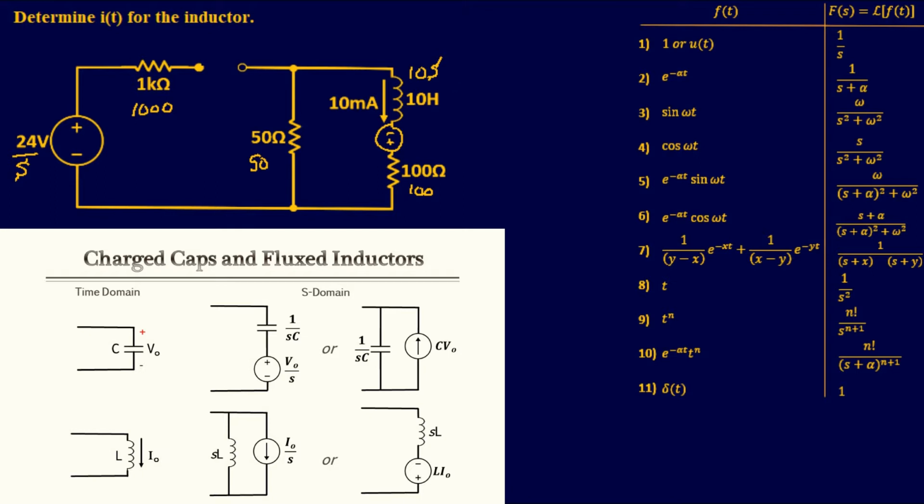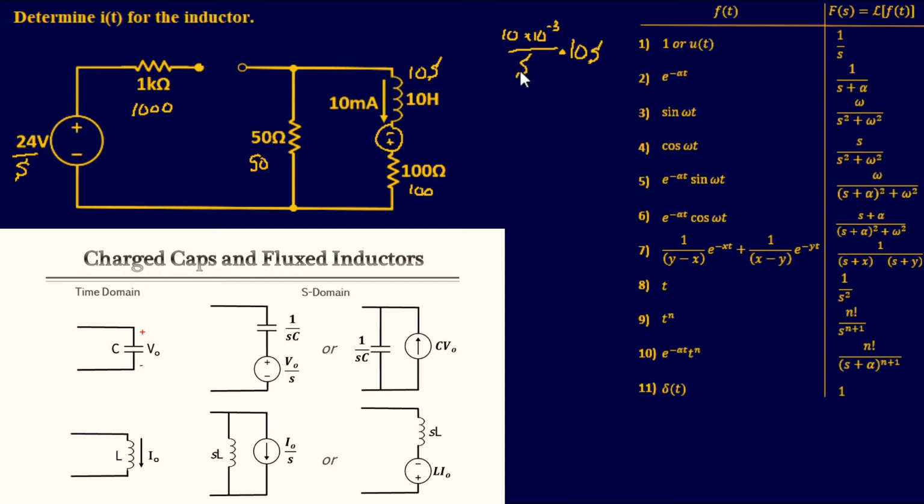And now we have to determine the value for this voltage source. Well, the good news is, if you want to convert that, like we showed earlier, the current source is going to be 10 times 10 to the negative 3 divided by S. Well, voltage equals your current times your resistance. For this one, your resistance is the inductor, so 10 times 10 to the negative 3 times 10S.